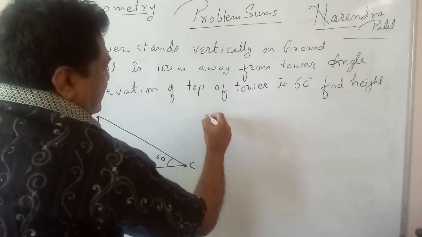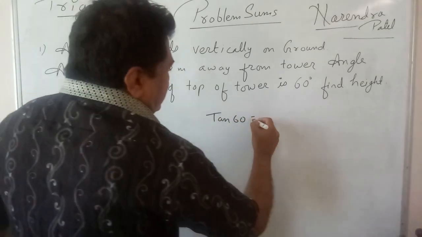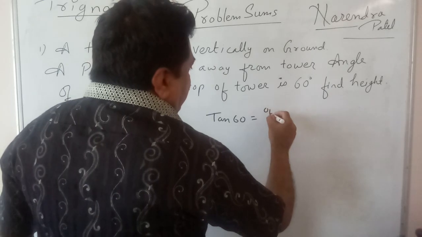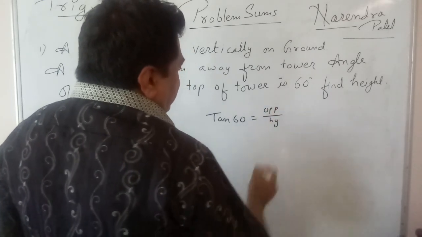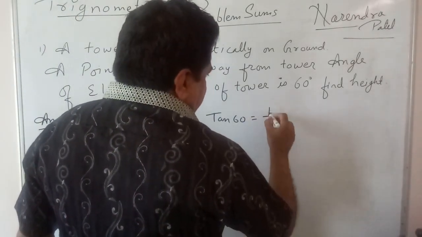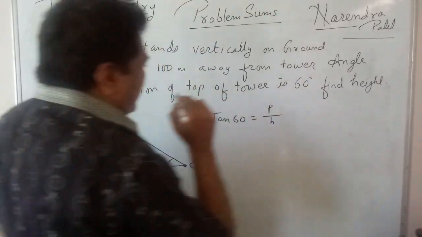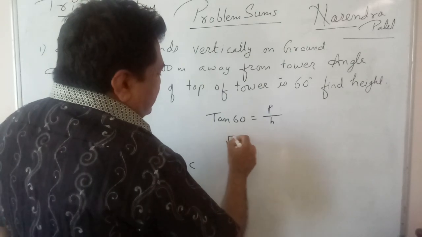So tan 60 is equal to, what is the formula? Opposite upon hypotenuse, or we write P upon H. Sorry, perpendicular upon base is our formula. What is the value of tan 60? It is root 3.